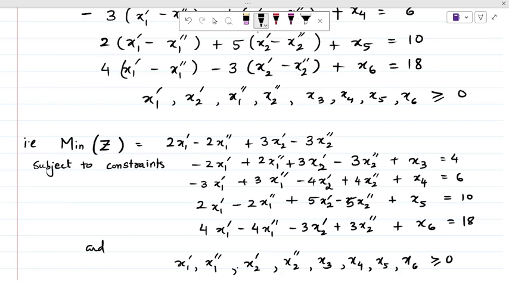Now one very important understanding over here would be: where did the condition for the slack variables go? If you observe carefully, x3, x4, x5 and x6 were already mentioned in the question as greater than or equal to 0, and they are not affecting the minimization function, the objective function.